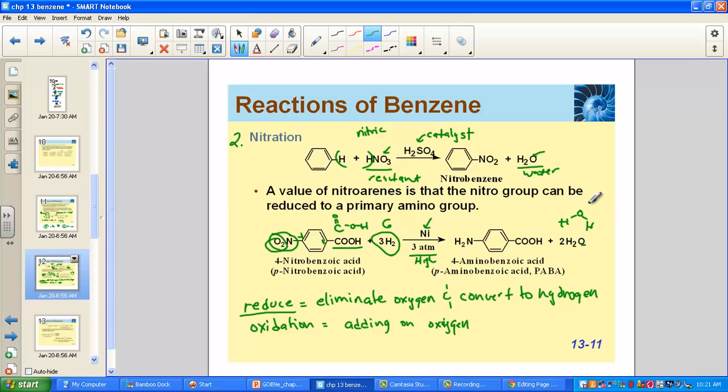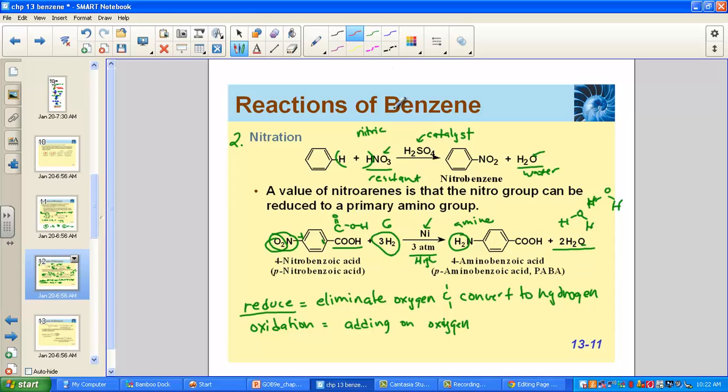So let me draw that so we can make sense. Here's our water molecules. We have HOH. 2 of the 6 hydrogens have reduced the nitro group into an amine group. 2 of the 6 have added on to the nitrogen, leaving me a remainder of 4 hydrogens, and the 2 oxygens we cleaved off of the nitro group, resulting in the formation of 2 waters.